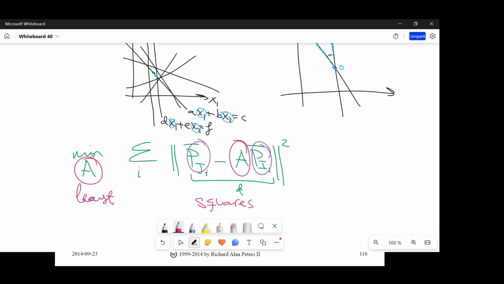And the idea is this. You cannot satisfy everyone, so you cannot make this distance go to zero. So I try to find a point, a matrix, that almost satisfies everyone as much as possible.